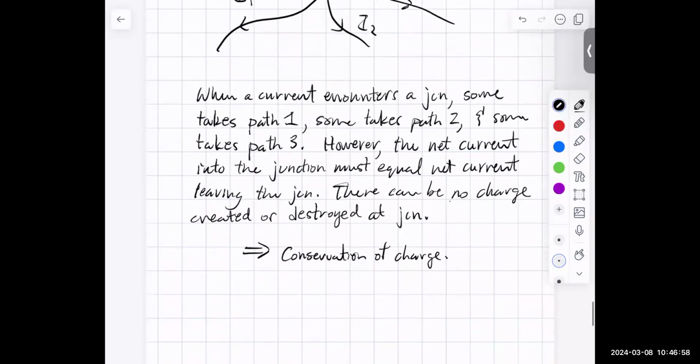And so the junction rule really can be stated very succinctly in the following way. Current in equals current out.